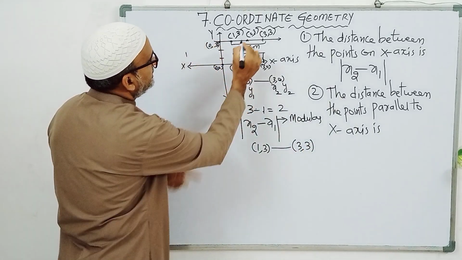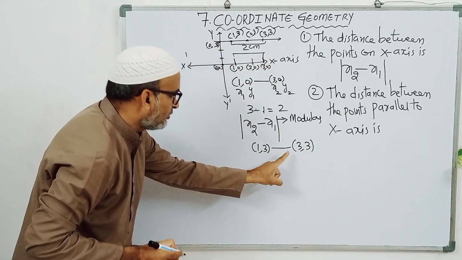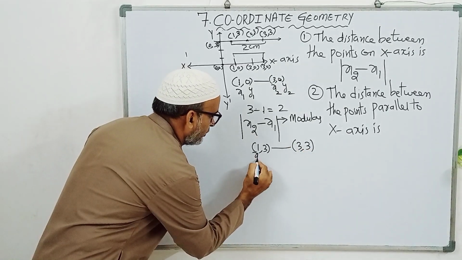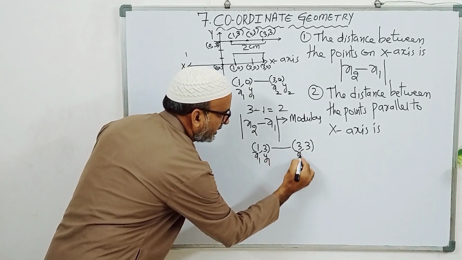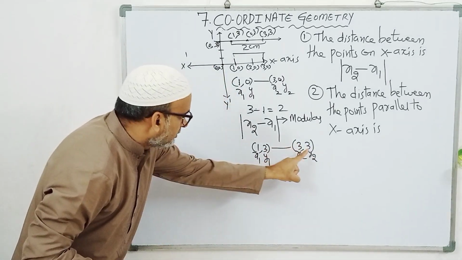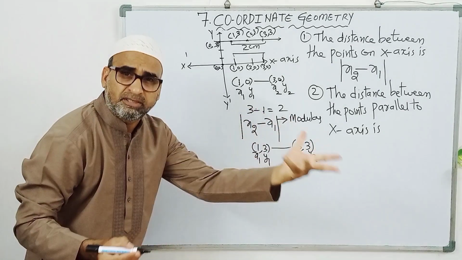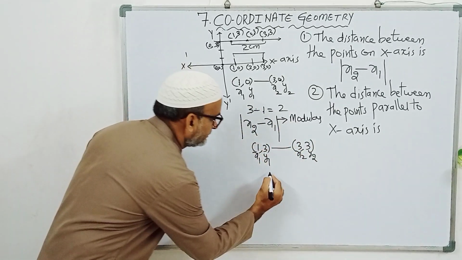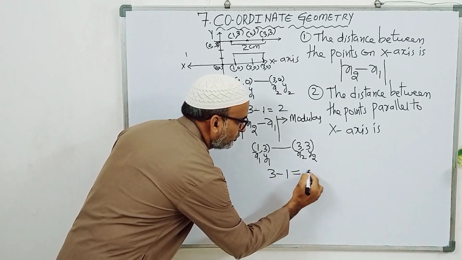How much is the distance? 2 centimeter. Now how will you get 2 centimeter? Suppose this is x1, this is y1, this is x2, this is y2. 3 minus 1 is equal to 2.